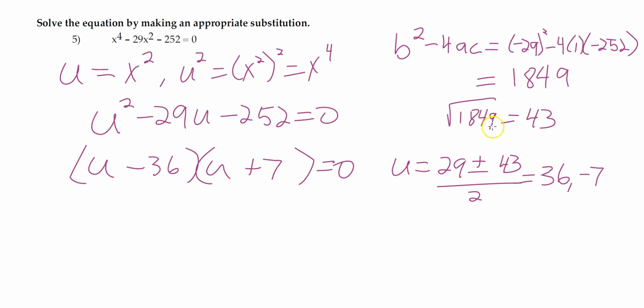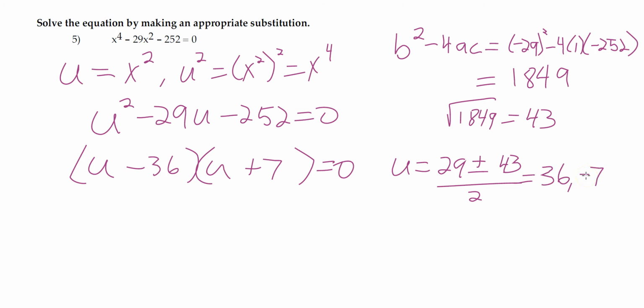The quadratic formula, or completing the square, is a guarantee to get solutions. Factoring isn't always nice. Sometimes it doesn't work at all. Sometimes like this it would work, but there's a lot of combinations to make it work out. Alright, so we have u equals 36 and u equals negative 7.